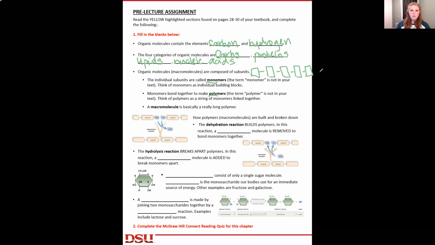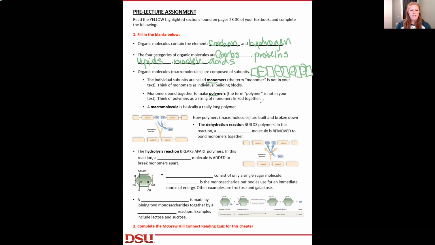And as you link polymers together, you get your macromolecule, okay? All right, so here's those terms, monomer, polymer, and I've been talking about linking them together. But how does that actually happen? What is this link? Okay, so here I'm showing bonds in between our monomers to make a polymer.